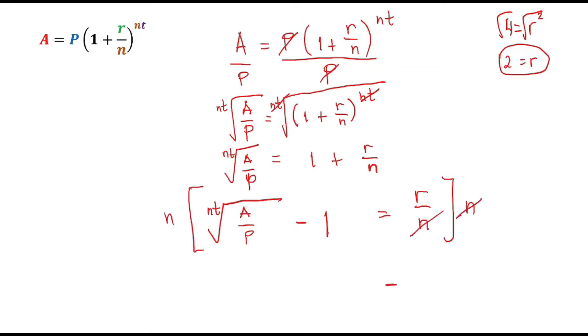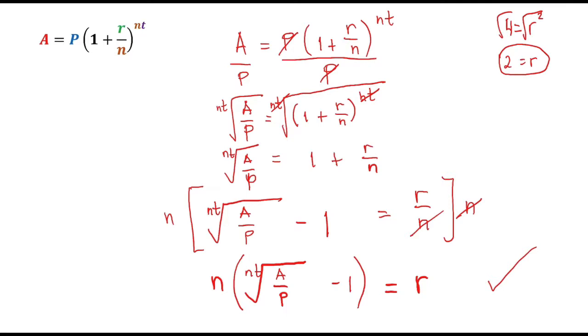So simply, R is equal to the NT root of A over P minus 1, multiplied by N. This is the formula for finding R. So we already have P and we already have R.